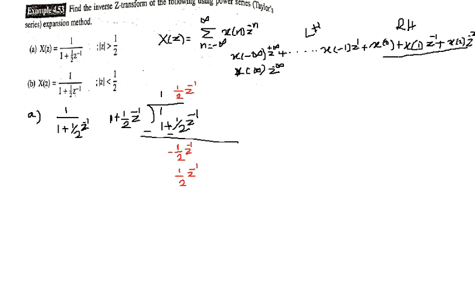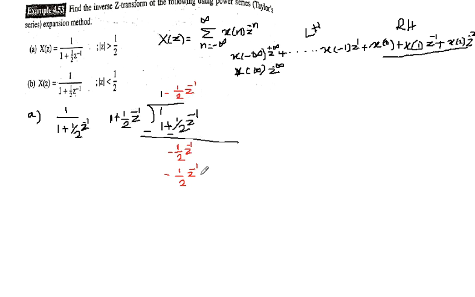But when we take it with a positive sign, what happens? This term will not get cancelled. So we should get minus 1 by 2, so that when we change the sign, it gets cancelled. So minus of 1 by 2 into z raised to minus 1.